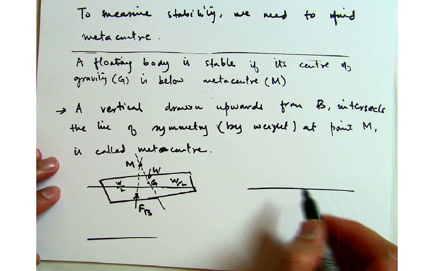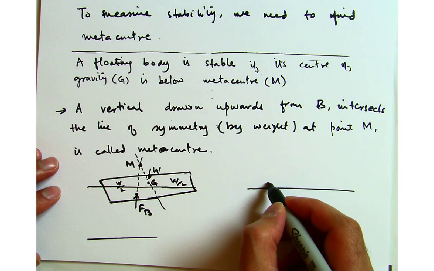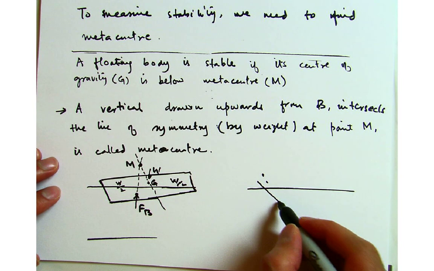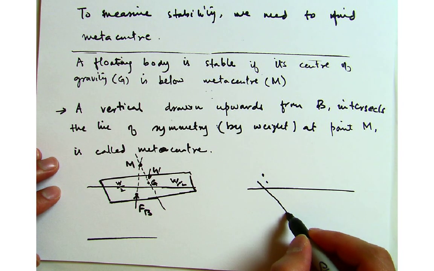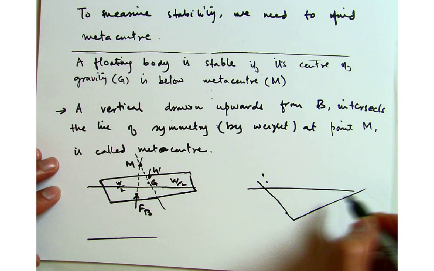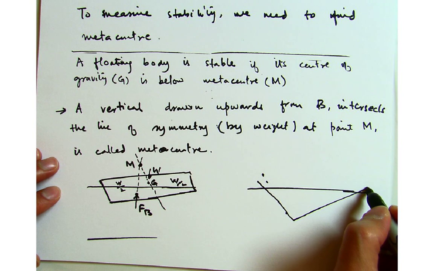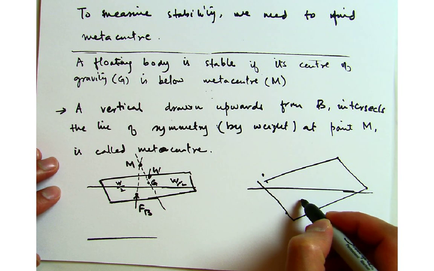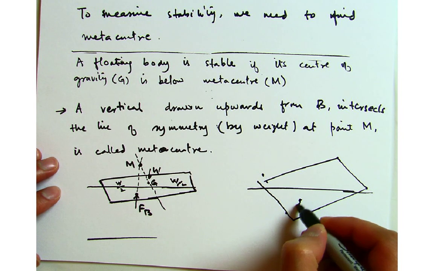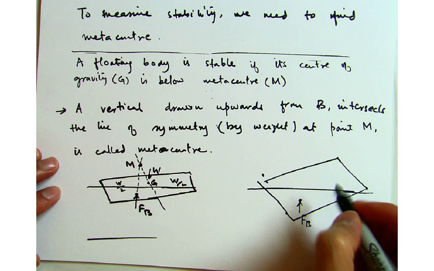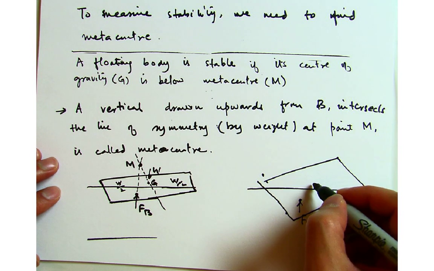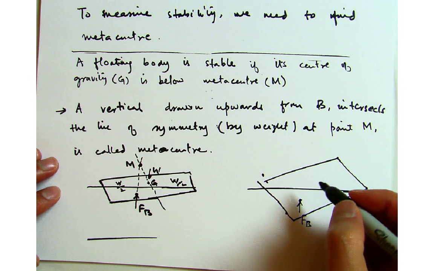Now if we make a huge tilt for this object, something like this, somewhere over here will be the buoyancy force, and somewhere over here is our weight.